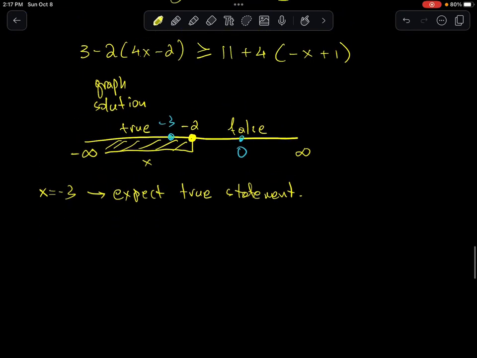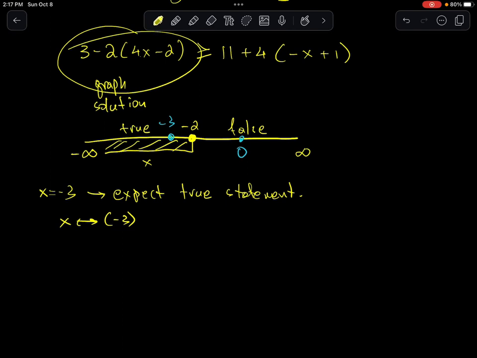Let's do that. Now, how do I plug in -3? Wherever there is x, it will be replaced with parenthesis -3. Okay, so let's start with the left hand side. 3 drops, negative 2 drops, parenthesis drops.